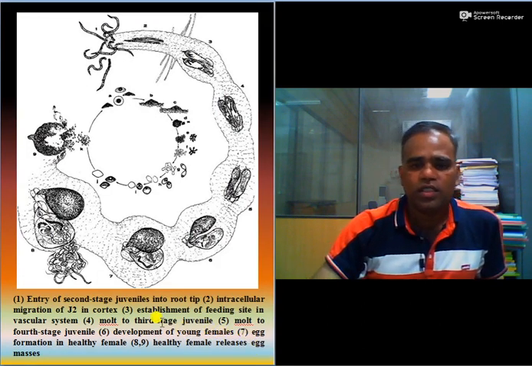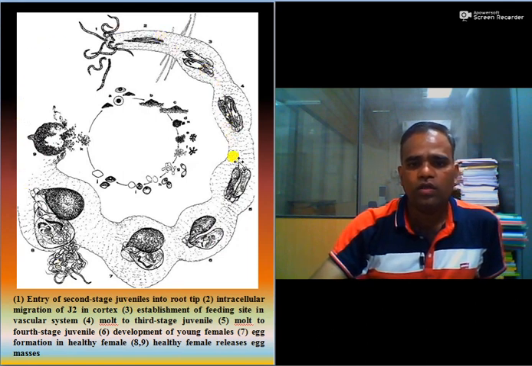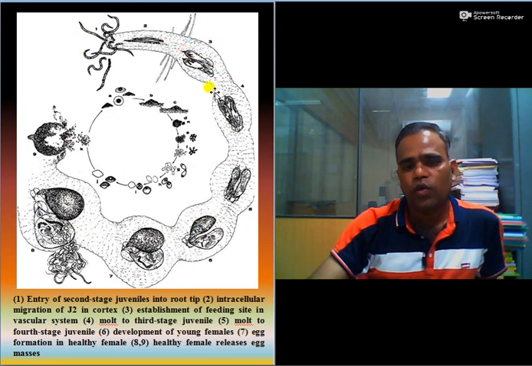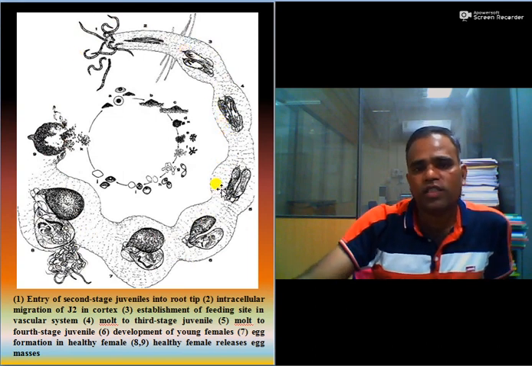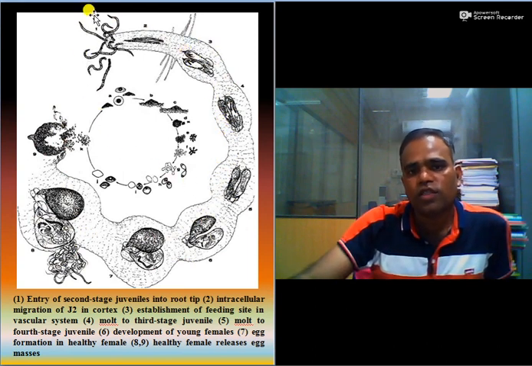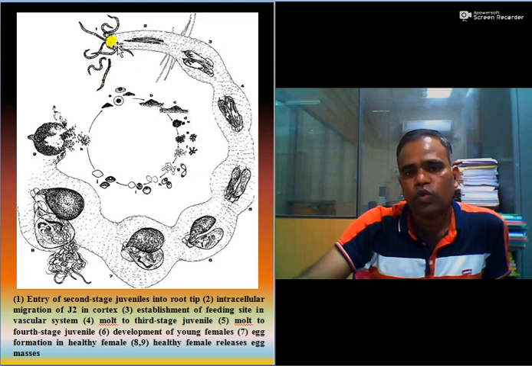So this is all about the well-labeled sketch of the root knot nematode life cycle. We can see here, this is the juvenile second stage, which is attracted towards root exudates. Behind the root tip, they infect and insert at the cortex.